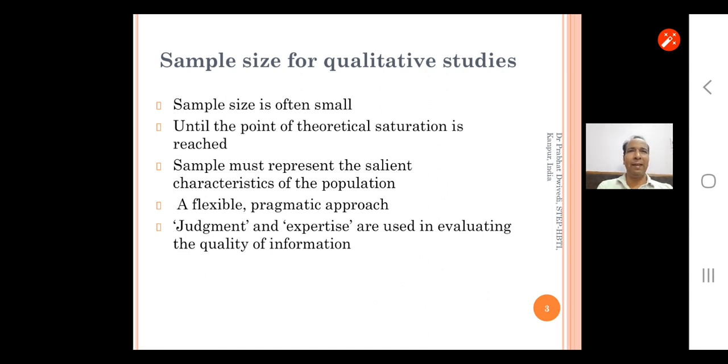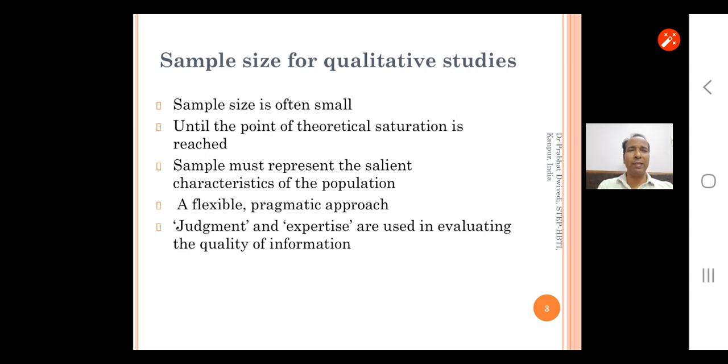You may say 30 respondents are enough for this study. I may say 25 respondents are enough for this study. And both may be true. Both may be justifiable. A pragmatic approach is one which is practical. I mean, we need a sample size which is practically feasible and possible.